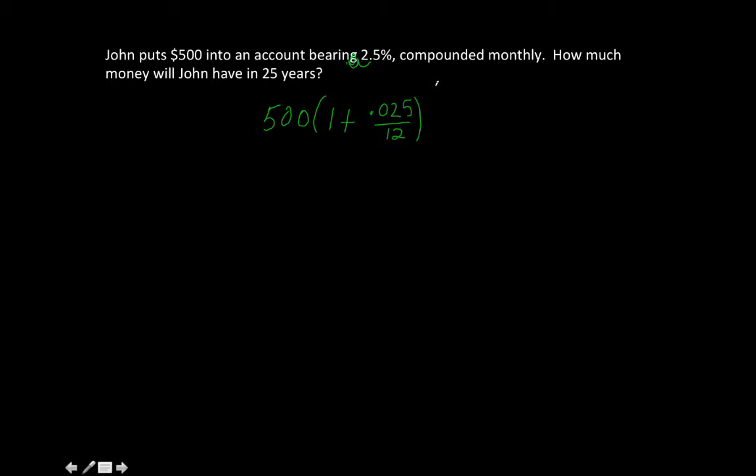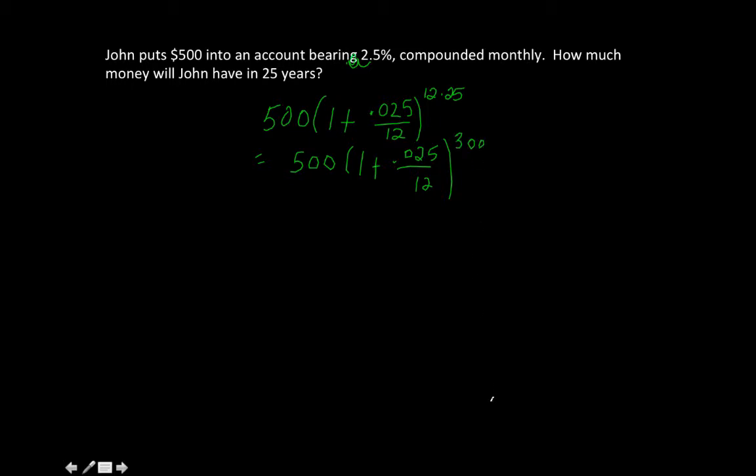And then the question is, how much will he have in 25 years? He's going to have 12 periods per year for 25 years. So this is going to be 500 times 1 plus 0.025 over 12 to the power of 300.